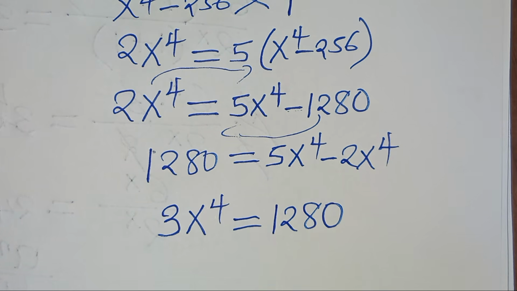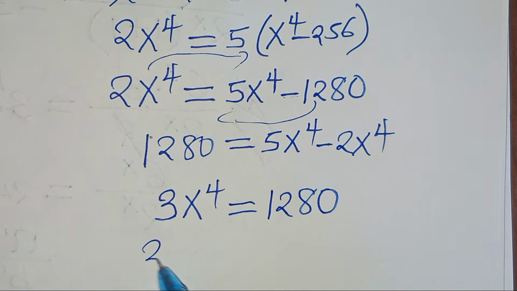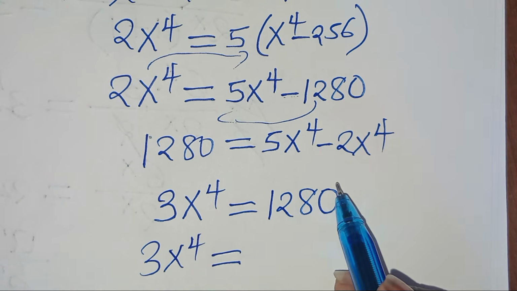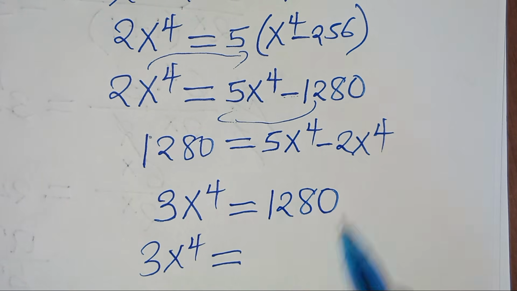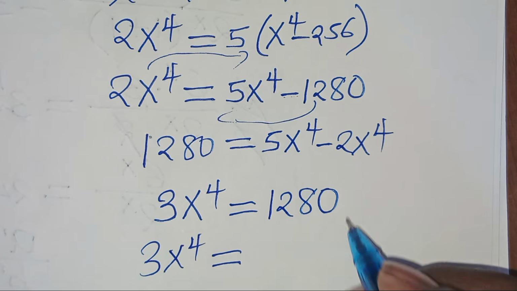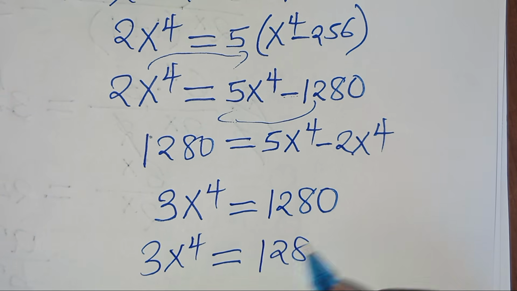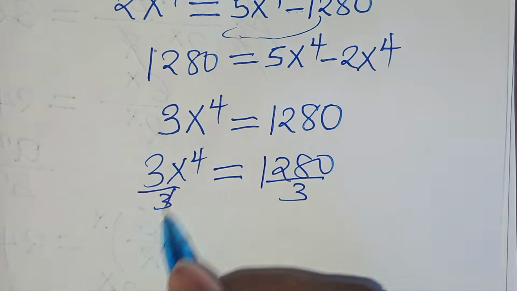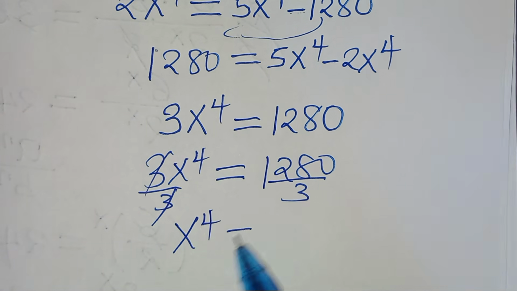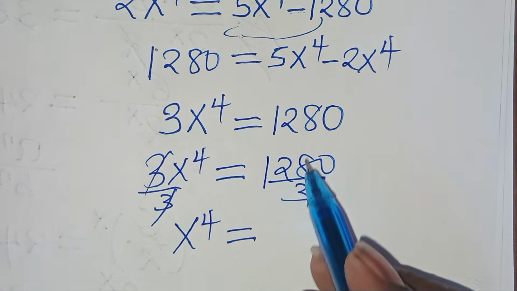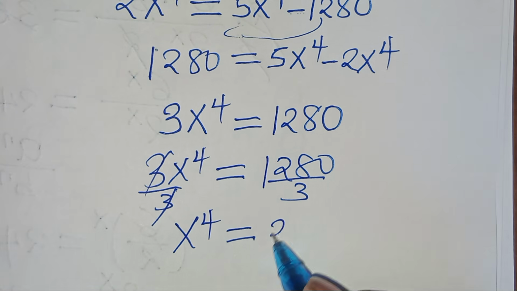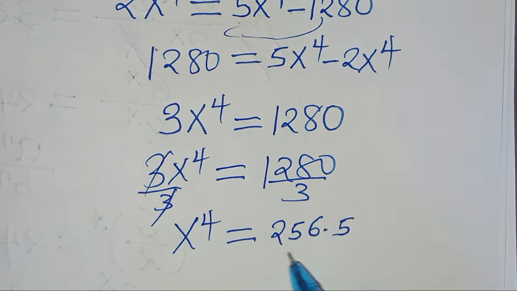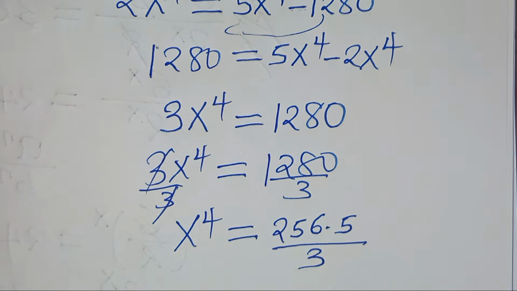Now, the next step from here, 3x to the power of 4 is equal to 1280. Now, let's divide on both sides by 3. And this means that x to the power of 4 is equal to 1280, which is 256 multiplied by 5, then divided by 3.